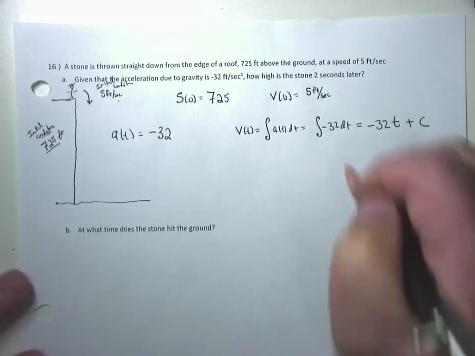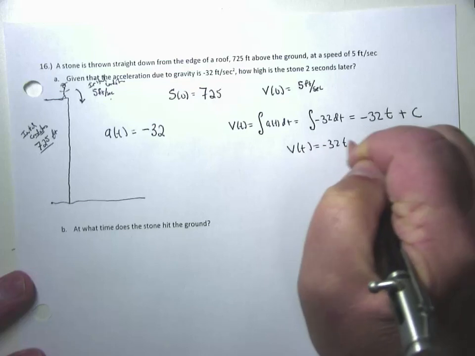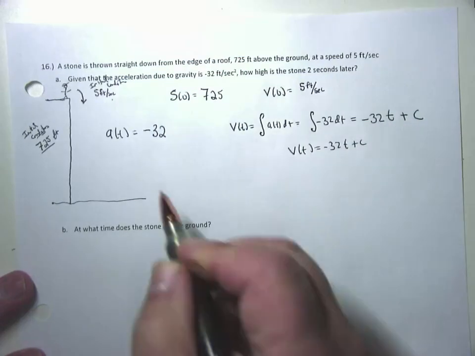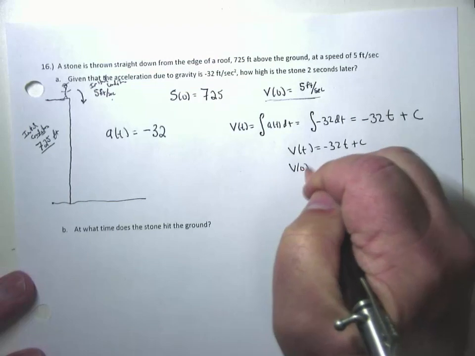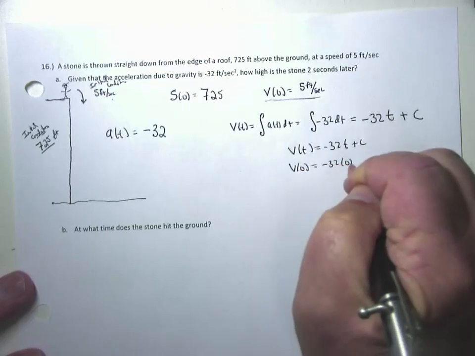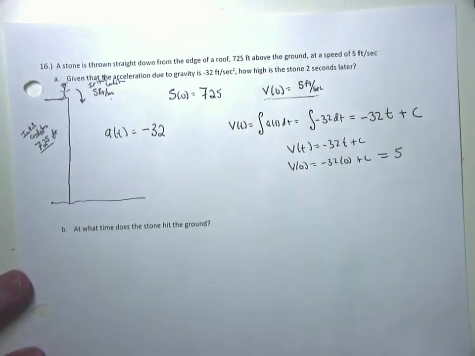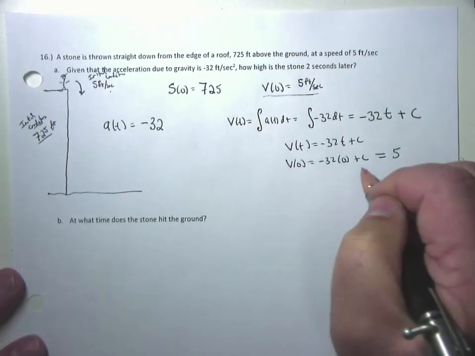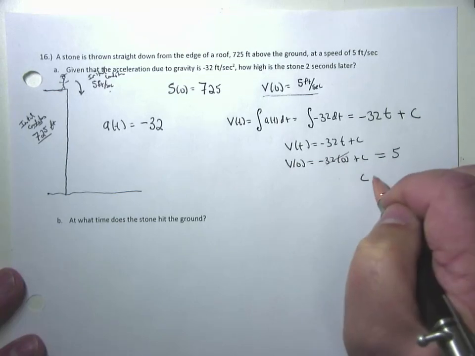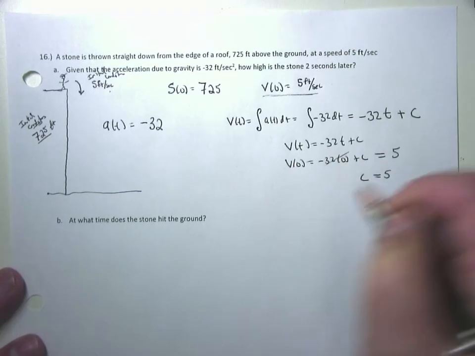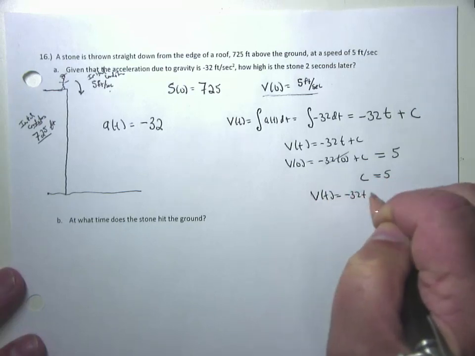So I now know that the velocity is equal to negative 32t plus c. But I have an initial condition for velocity. V of 0 equals negative 32 times 0 plus c, and that's equal to 5 feet per second. Well, 32 times 0 is 0. Negative, that's still 0, so c equals 5, which tells me my velocity equation is negative 32t plus 5.